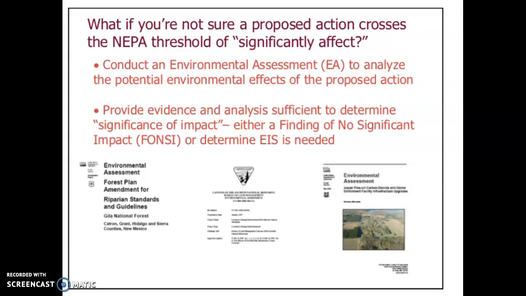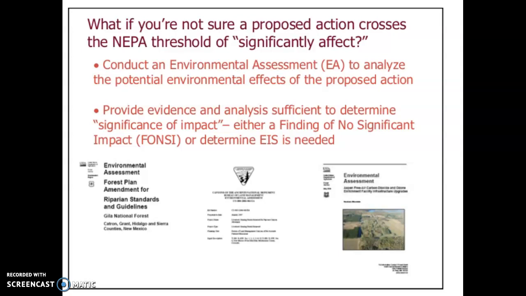And so, what if you're not sure? We can think about the possibility of an impact. What if you're not sure the proposed action crosses the NEPA threshold of a significant impact? And these are things to start thinking about yourself as we move forward into the class when you're thinking about proposed actions.